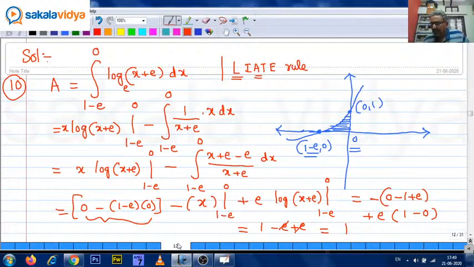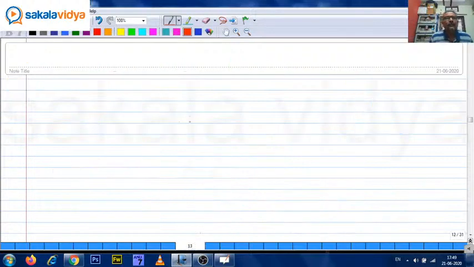Okay. So now the eleventh problem, the 11th question, for 2 marks.